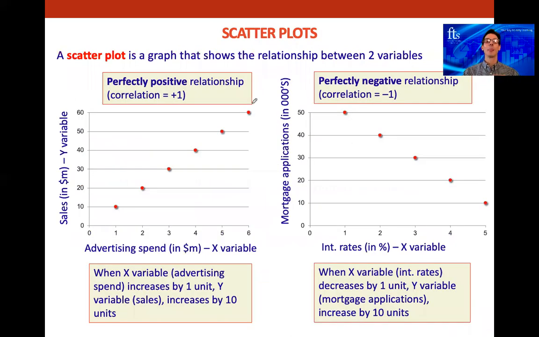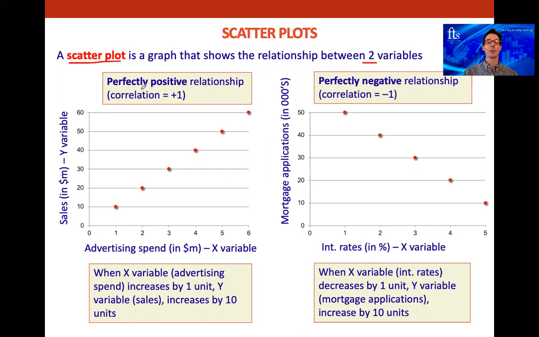Good. So the last thing we need to look at now are the scatter plots. We have looked at scatter plots briefly when we were in one of the other classes, but now we're going to go on to them in a little bit more detail. So we've seen this before. A scatter plot is a graph that shows the relationship between two variables.